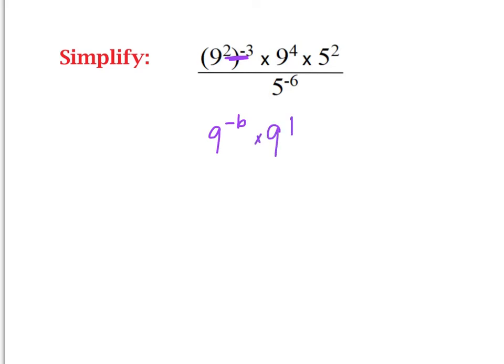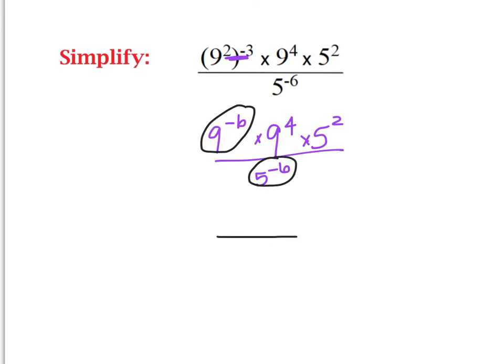Bring down everything else. Next thing I need to take care of are my negative exponents. So I have 1 in the numerator and 1 in the denominator. So let's rewrite everything I'm not moving, which are all my positives. So 9 to the 4th, 5 to the 2nd stay in the numerator.